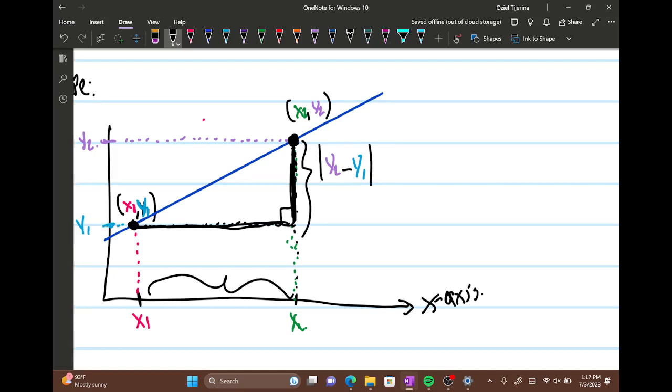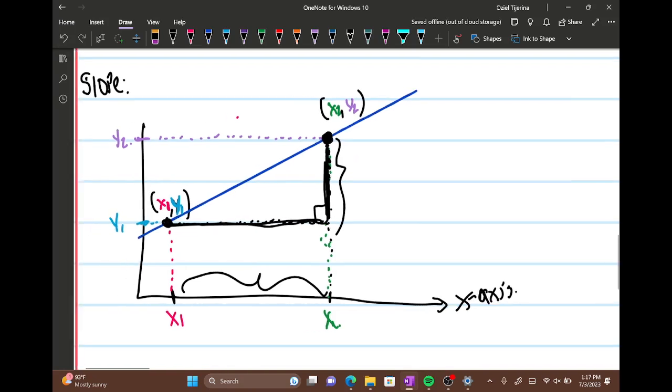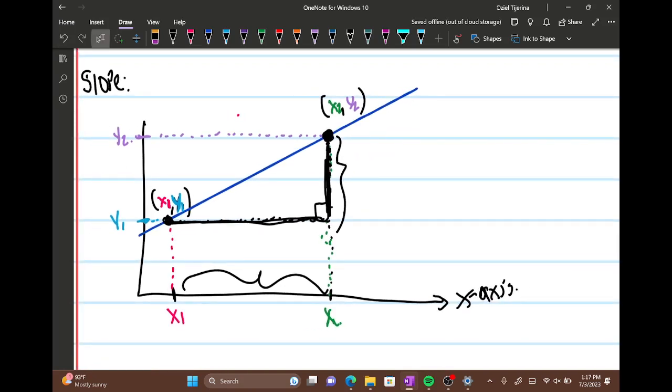I don't think it'll be absolute value. Basically, we always know that distance is positive, but in this case we're just going to do y2 minus y1. I don't think it'll be absolute value in this case. So we do y2 minus y1, right? And that is what slope is.